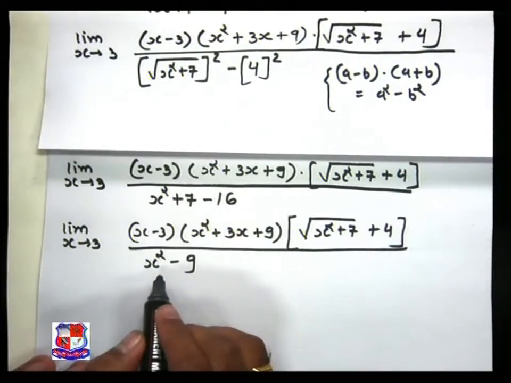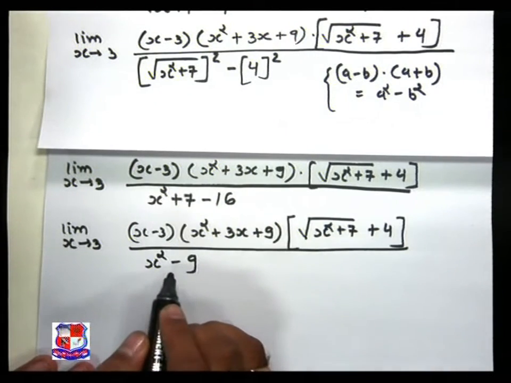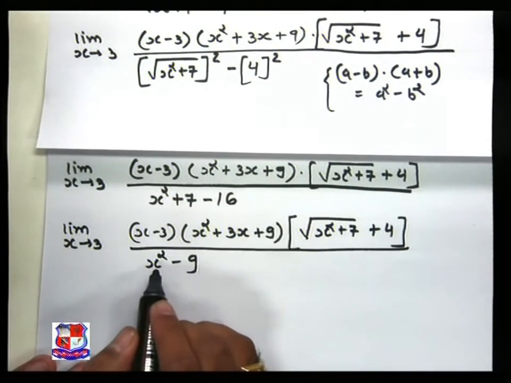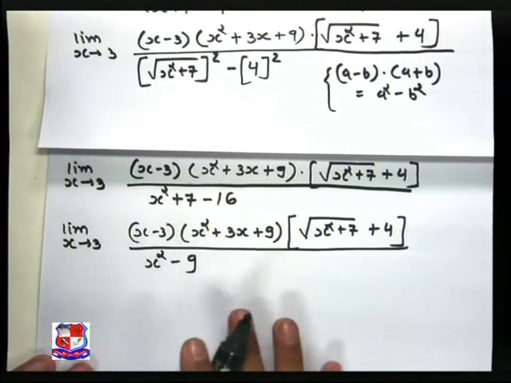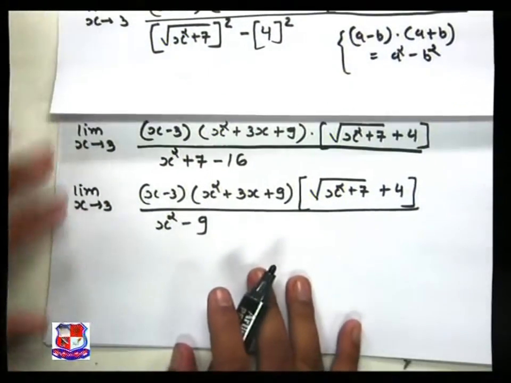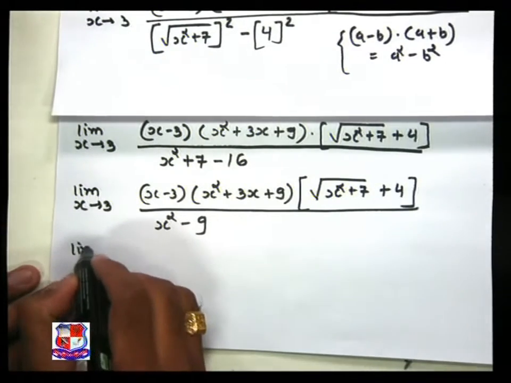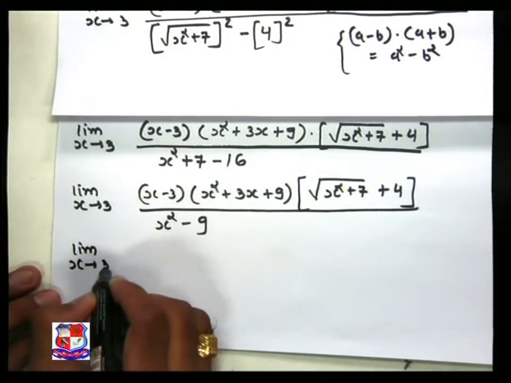Now just look at here x square minus 9, we can take apart, that is x minus 3 and x plus 3.